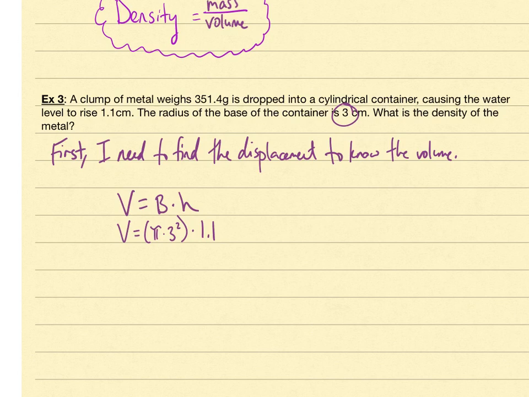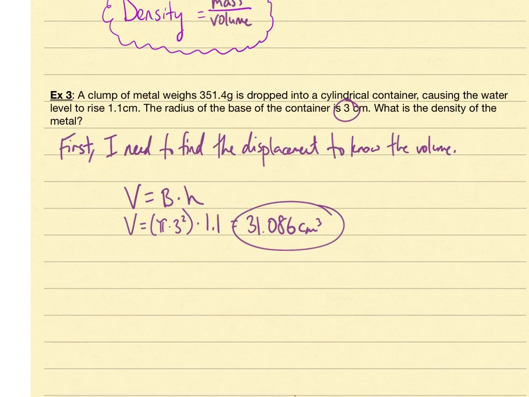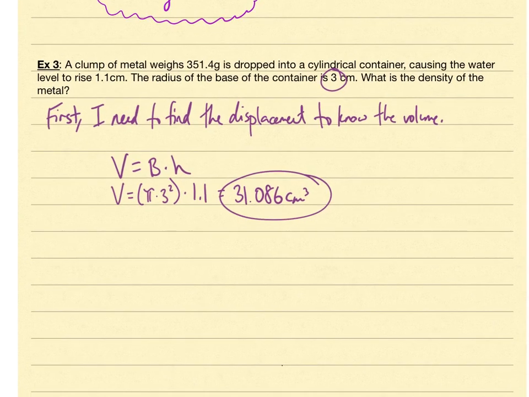So if I enter that in my calculator, I end up getting 31.086 centimeters cubed. All right, so I've got that for my volume. That's the volume of the water that's displaced, which then equals the volume of the metal.